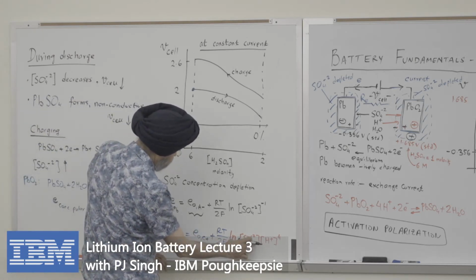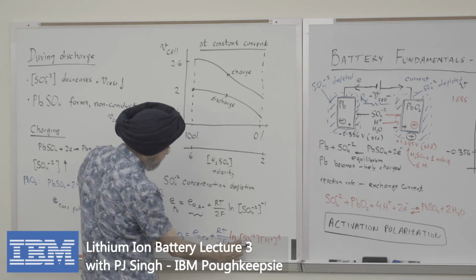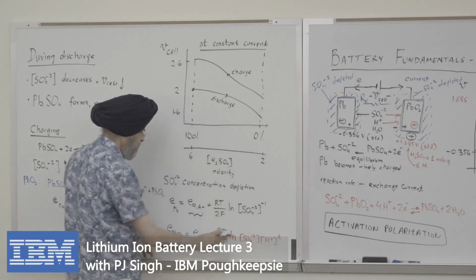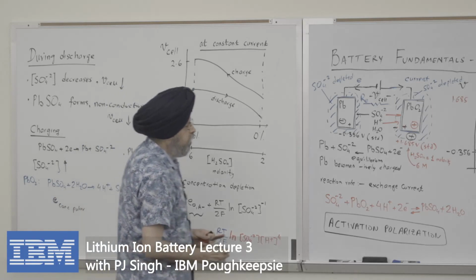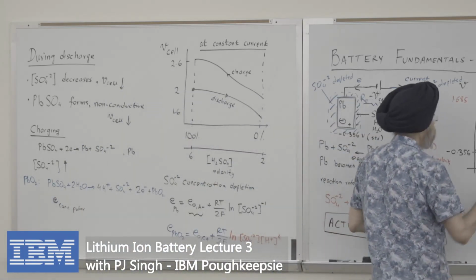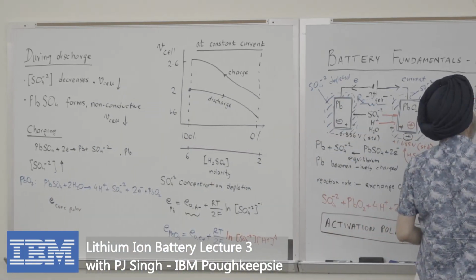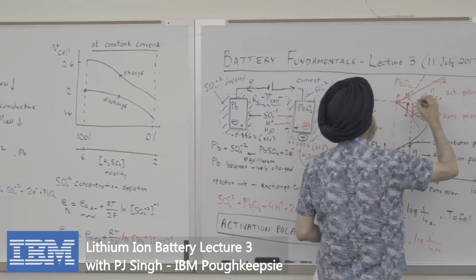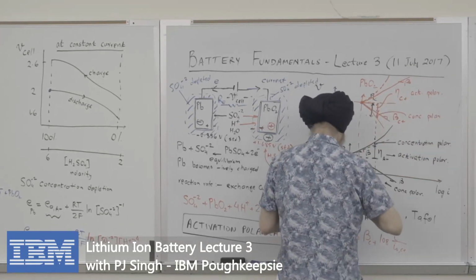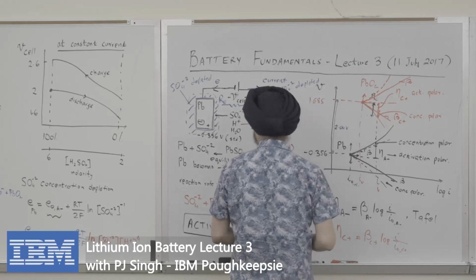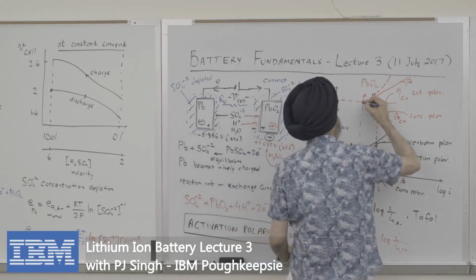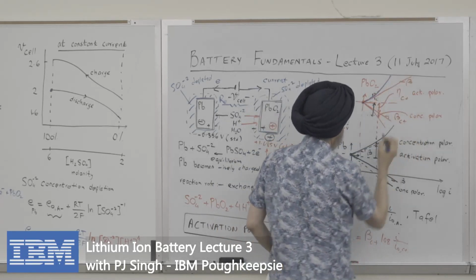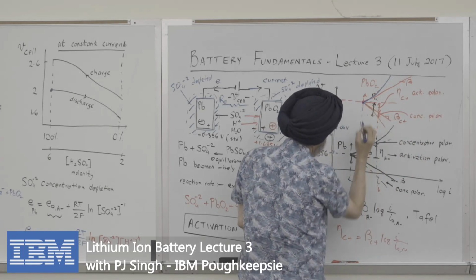Therefore, the voltage across the lead oxide will increase because sulfate ions are increasing. So the concentration polarization will raise this curve. So maybe I should just draw in blue for charging. So the net result is this curve will be like this for the lead oxide electrode.